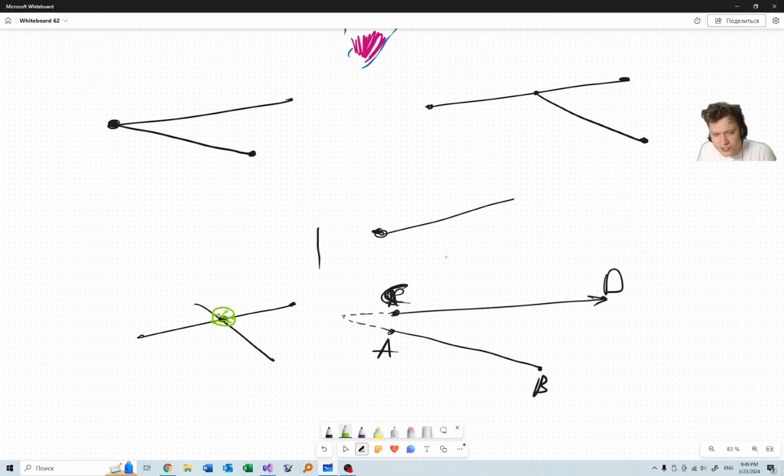Then there are 4 types of angles, from AB to CD. Actually, from CB to AD. These all are easier.